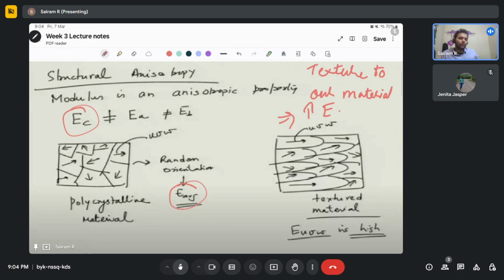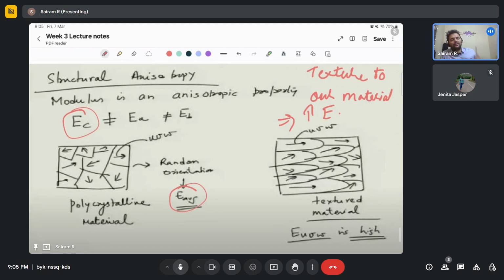However, if we are able to orient it through some mechanical processing, let's say if we roll the sample, then predominantly all the grains tend to orient in a similar way. Or if we apply an external electric field or an external magnetic field to align our grains in a particular direction, then that is called a textured material.